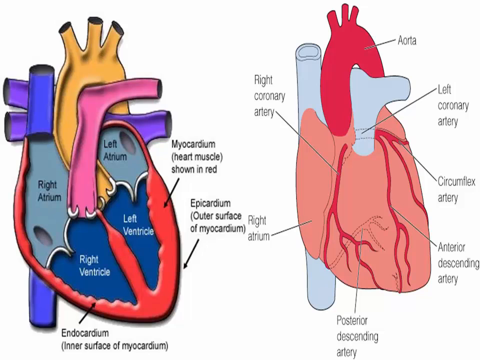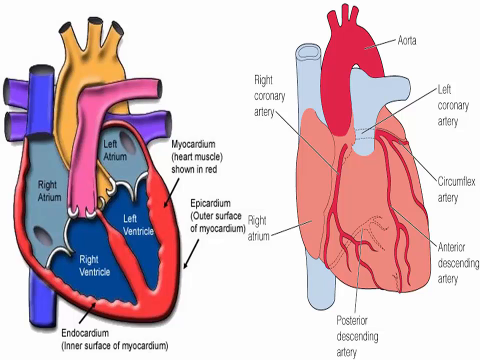So this is showing, on the left hand side, a picture that shows the layers of the heart. So we have the epicardium, which is the outer surface, and this is that thin tissue that covers all of our organs that acts like a protective layer.